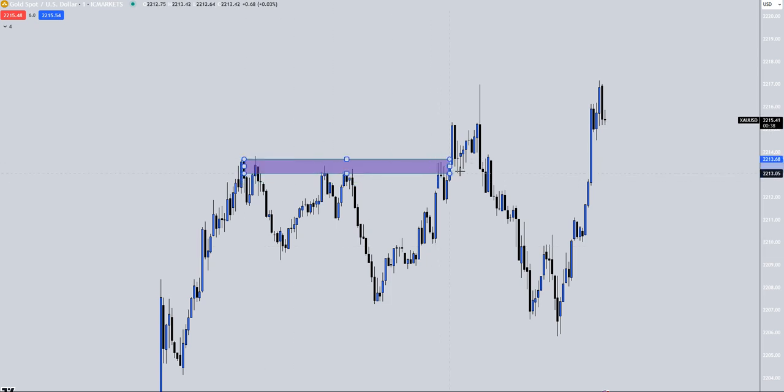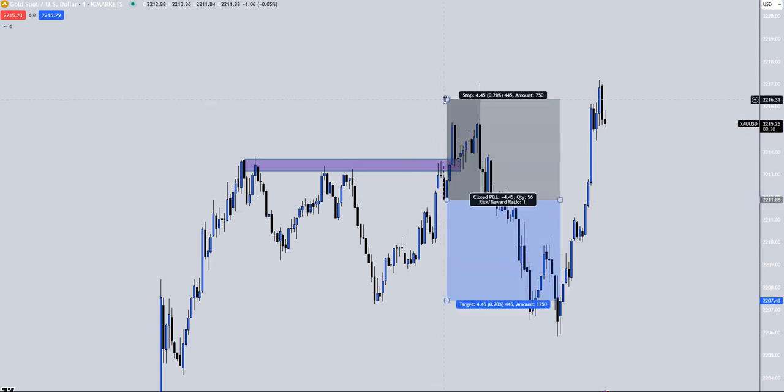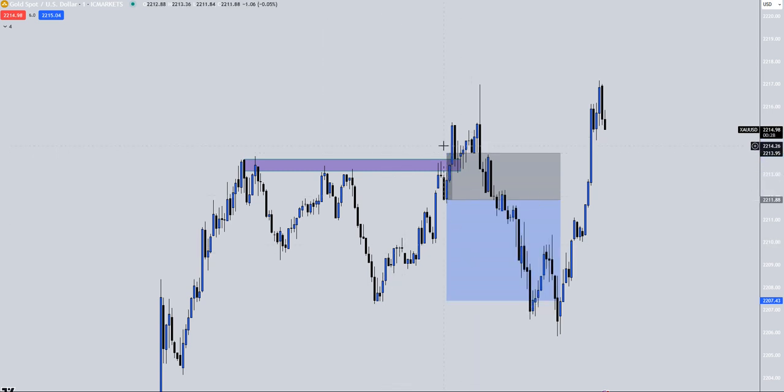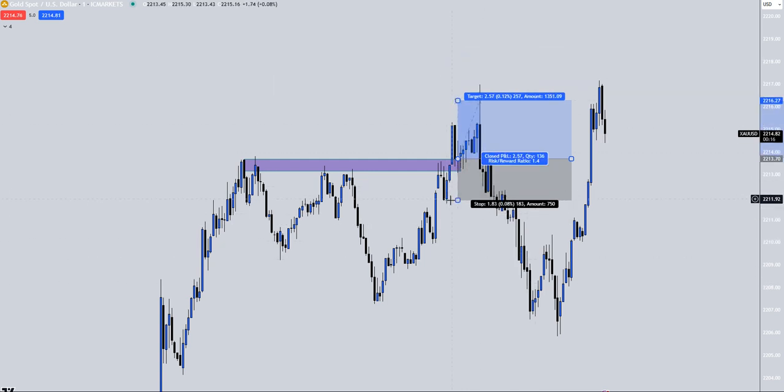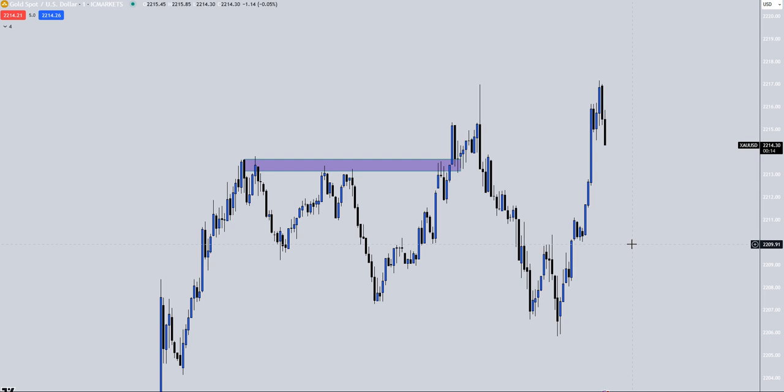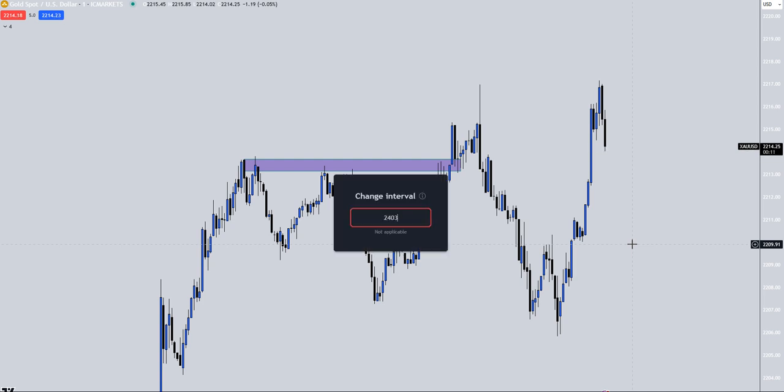For example, resistance area, wick, rejection, engulfing candle, you enter, stop below there, something like that, and you'd have been stopped out. Are you then entering another position? Are you then changing your bias and saying, well, it's a break and retest with a wick, and then it comes back again? So there's a lot which comes into it when it comes to taking positions.